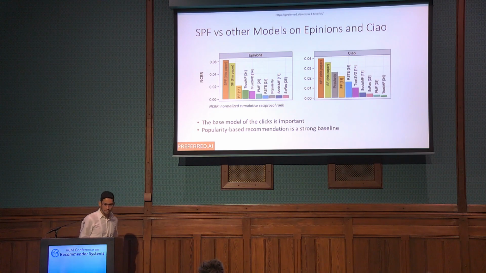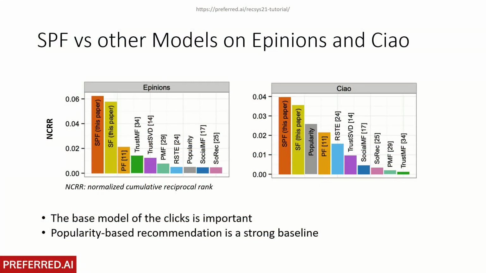And here are some results. As I mentioned, this is a quite strong model, even if it's an improper model, but it works well. And again, remember what we just said in the previous slides when we were looking at the results. The base model for your preferences is important.